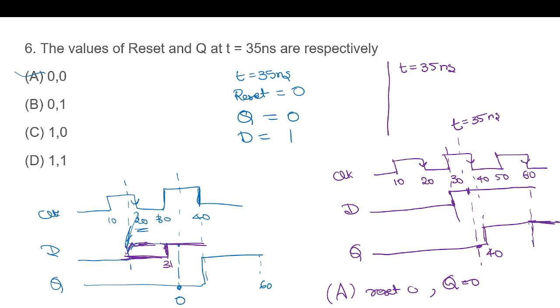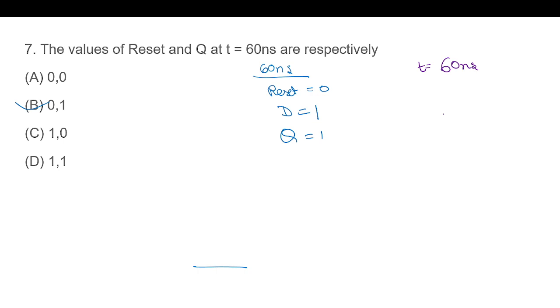So no problem. There is a change here. So here Q will be 1. So in this, the Q change will be reflected. D is the previous value. Reset is 0. So it is 0, 1. Now it is clear? Okay, ma'am.